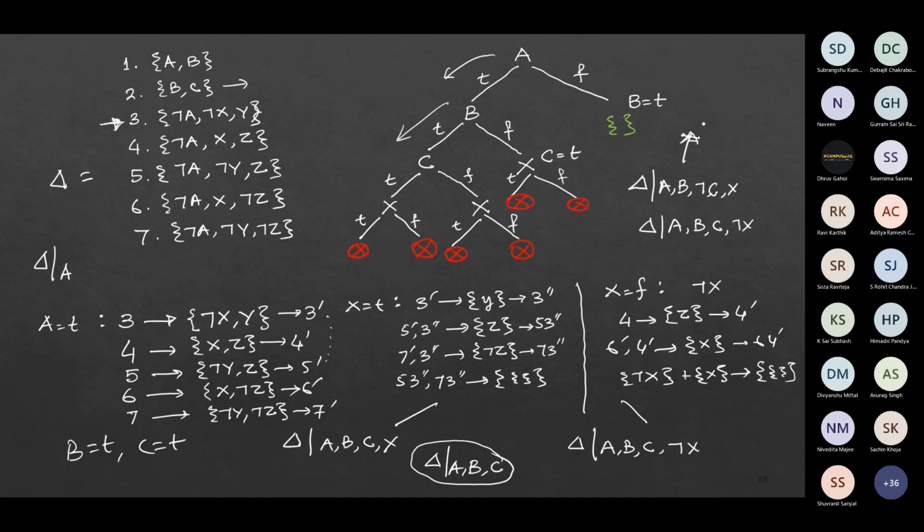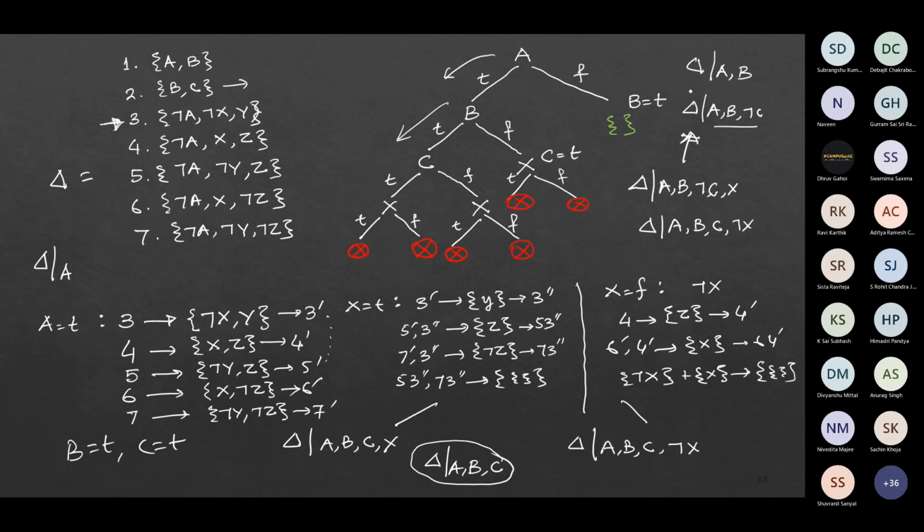That means we have a contradiction for delta A, B, negative C, and we have a contradiction in delta ABC. What does that mean? That means we have a contradiction in AB itself, but again, DPLL does not see it.